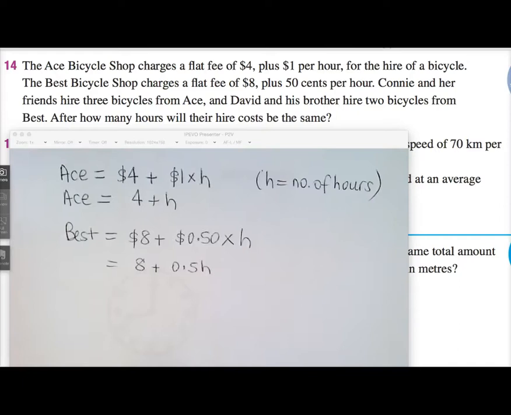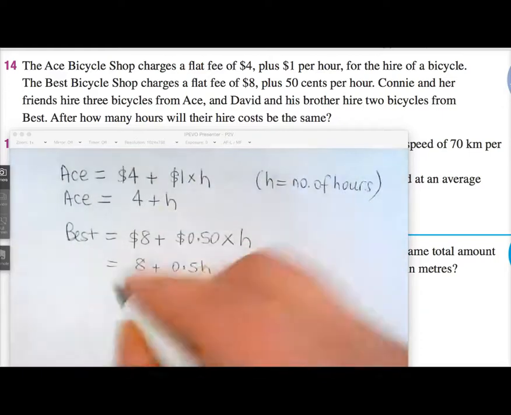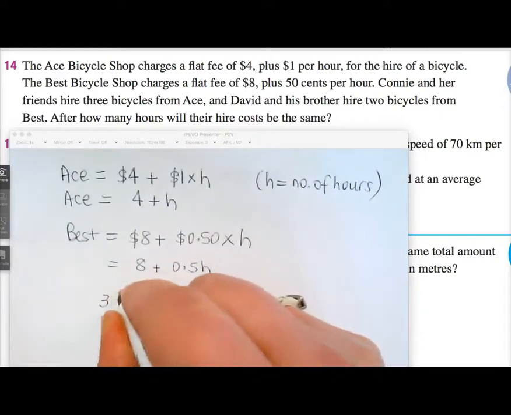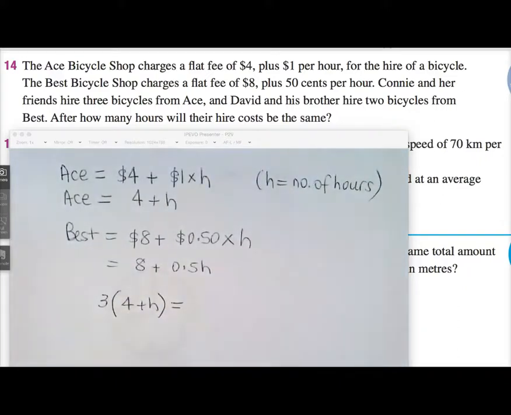How many bikes get hired from Ace? 3. This is the charge per person, where H is the number of hours. So we've got 3 from Ace, so 3 times 4 plus H. We want to know when that cost is equal to David and his brother hiring 2 bikes from Best.